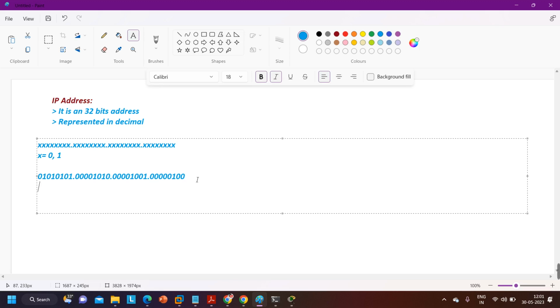64 plus 16 plus 4 plus 1. Please calculate it, guys, everyone. What will be the complete decimal value? This dot, this dot, this dot, like that. Please calculate it. 85 for the first part.